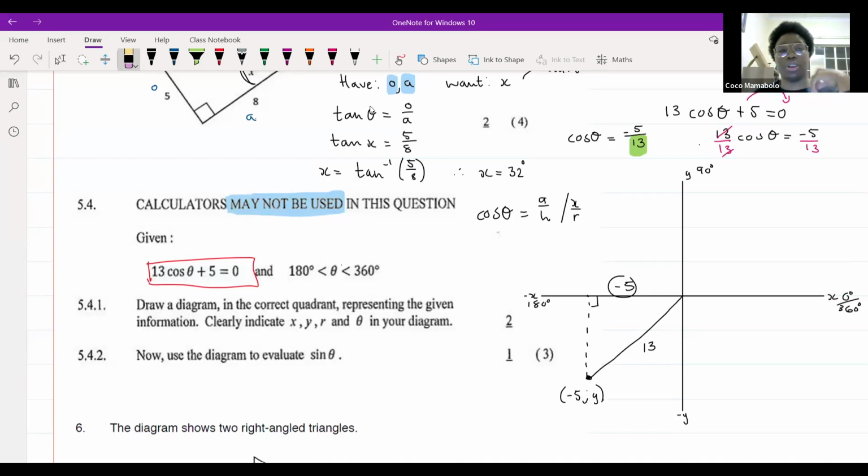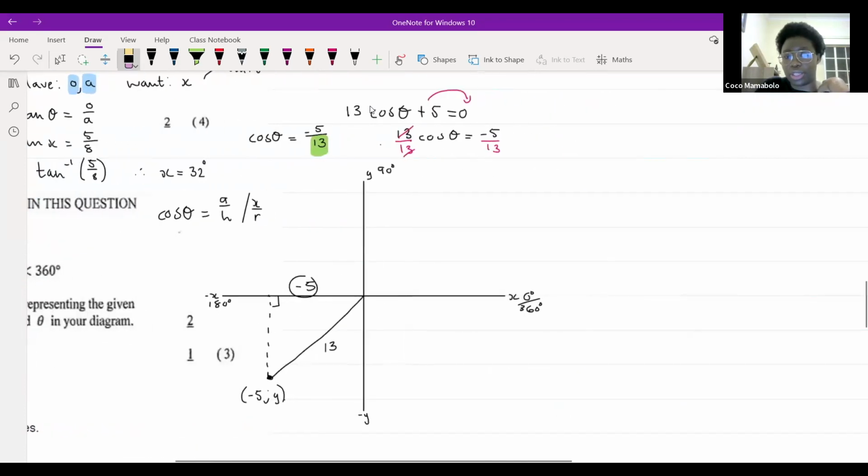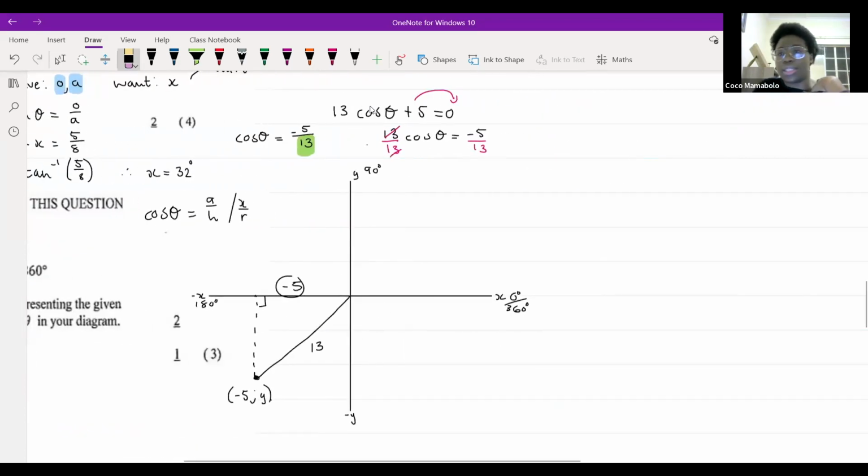Thank you, Emmanuel. Beautiful. Okay, let's do a little Pythagoras. I'm going to move over to the side over here. I'm going to get -5 all squared plus y squared is equal to 13 squared. That means that y squared is equal to 13 squared, which is 169, minus -5 all squared, which is 25.